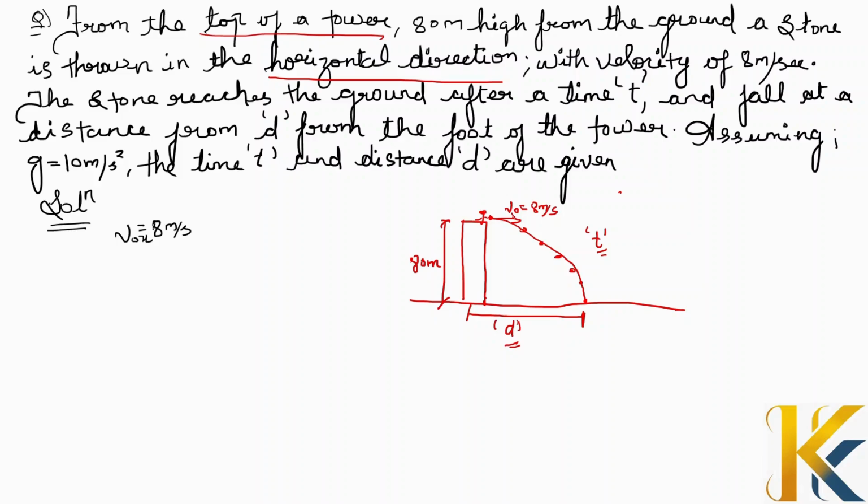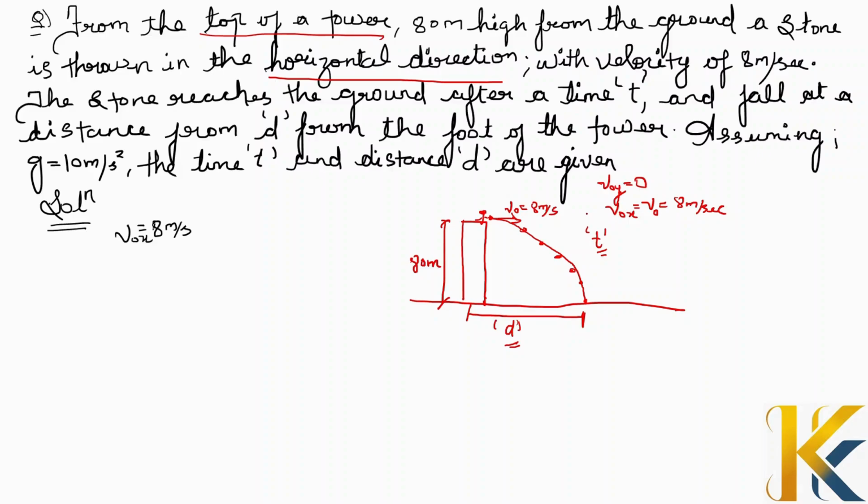Therefore, according to the resolution of vector ideology, because it is making an angle theta equal to 0, I will not have any y component of initial velocity vector v naught. V naught y will be equal to 0, but v naught x will be equal to v naught, that is 8 meter per second.